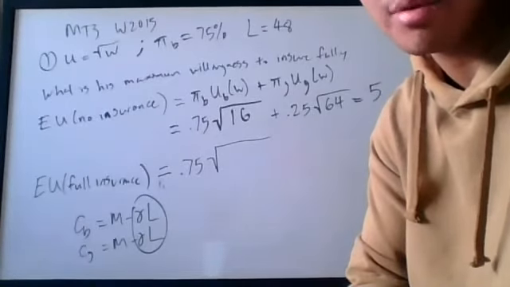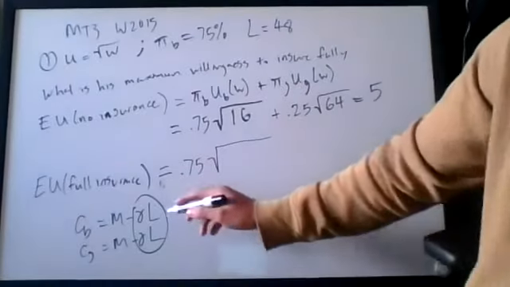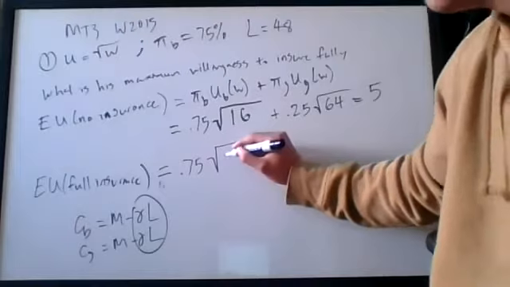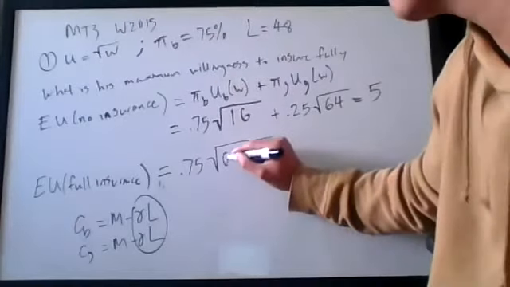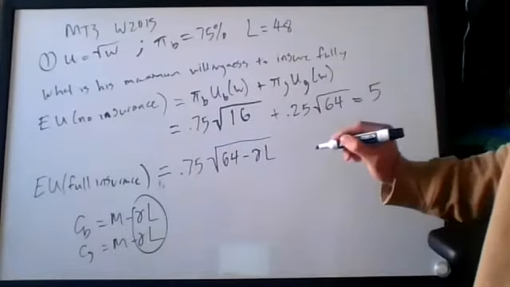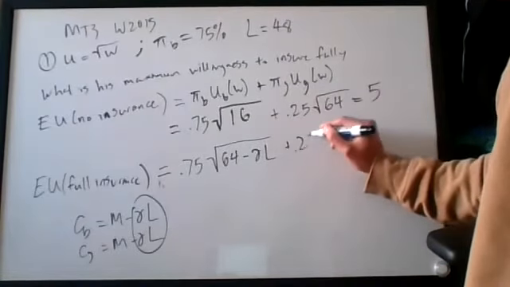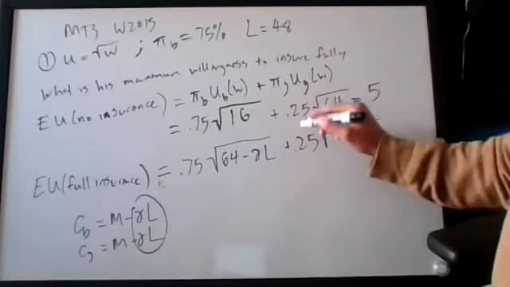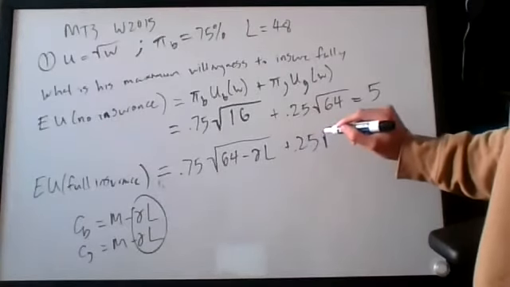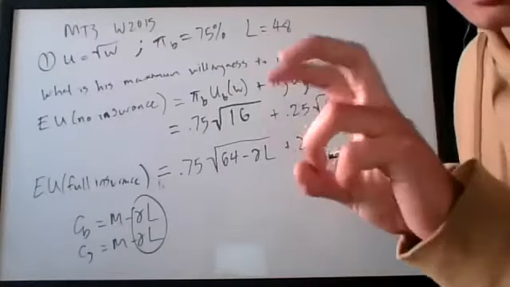So let's go back to the problem. So what we're really looking for is gamma L, okay? And so we know that M is 64. So 64 minus gamma L, right? Plus 0.25. And so this is the probability of not getting in an accident. So this is the probability of the good state occurring.